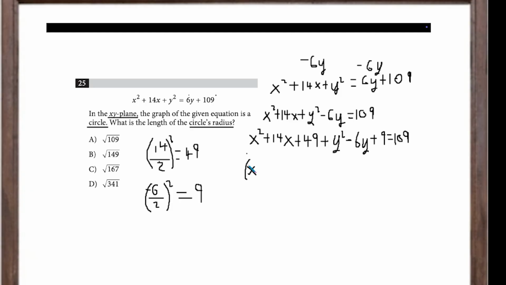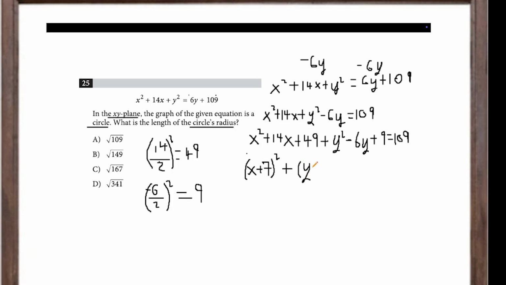So now we want to solve because we completed the square. These are going to be perfect squares. So we're going to have x plus 7 squared plus y minus 3 squared.